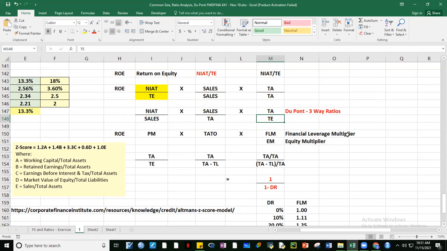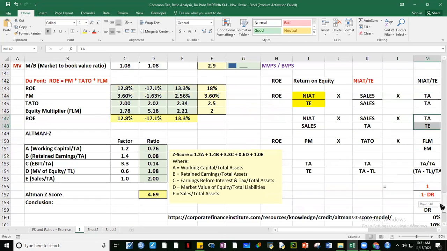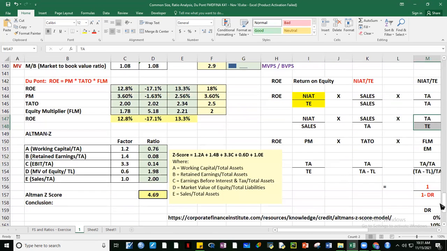Pag lumiit si total equity in relation to the total assets, this amount will become big. So if this amount becomes big, your ROE, which is related to this, will also become big. Okay? So yun ang concept ng financial leverage multiplier. Pag lumaki yung debt ratio, pwedeng lumaki yung ROE, kasi directly proportional si FLM kay ROE.